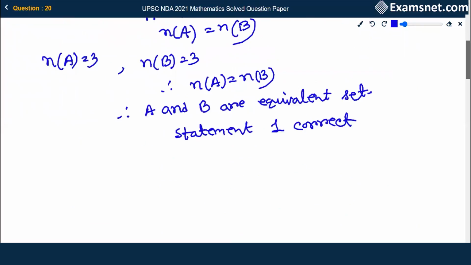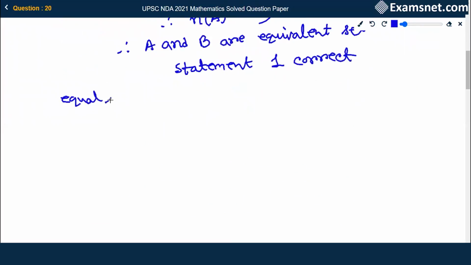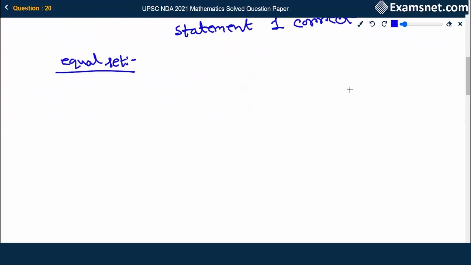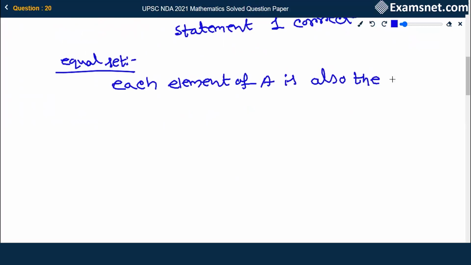Fine. So look here, what does equal set mean? Two sets, let's say for example A and B, can have equal elements. I mean each element of A is also an element of B. Or we can say that two sets are subsets of each other, then they can be said to be equal sets.